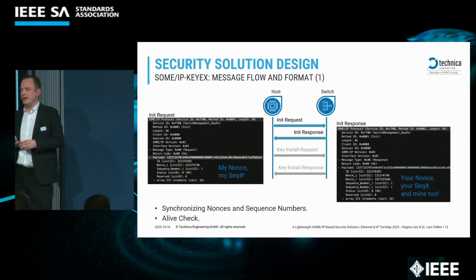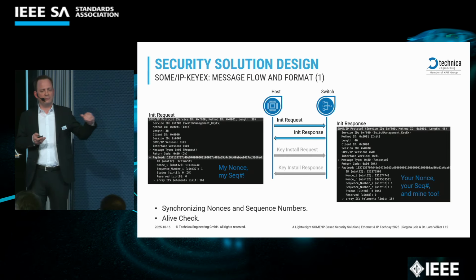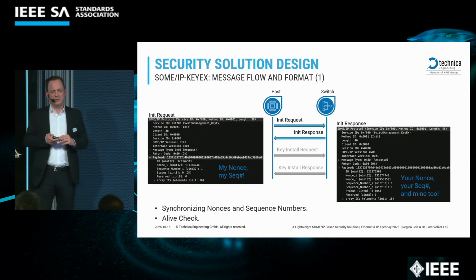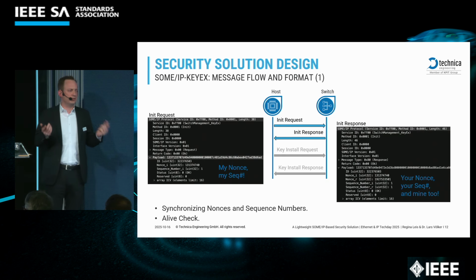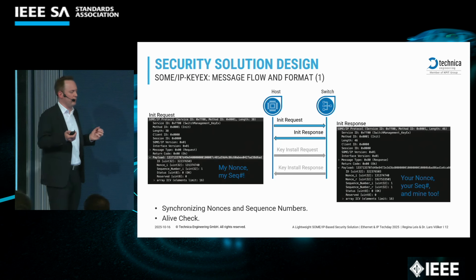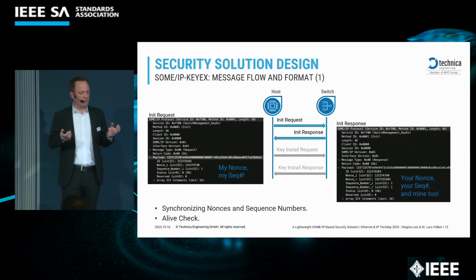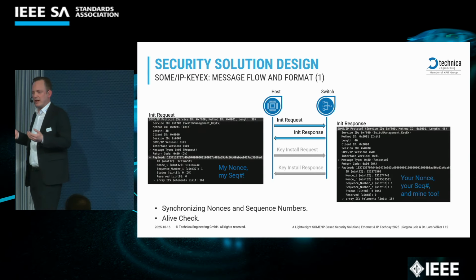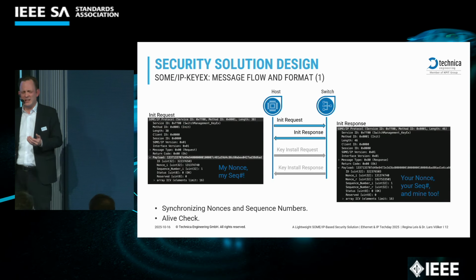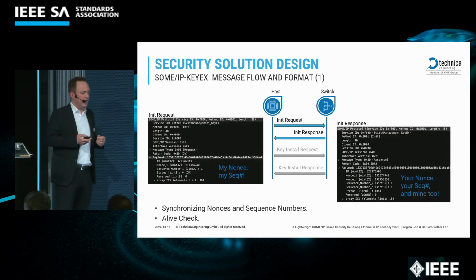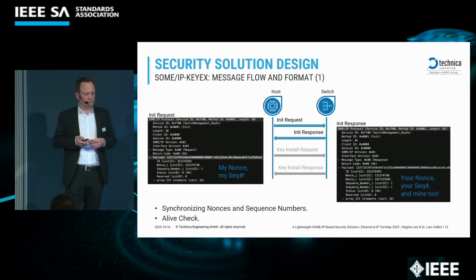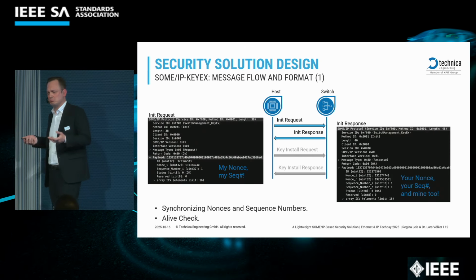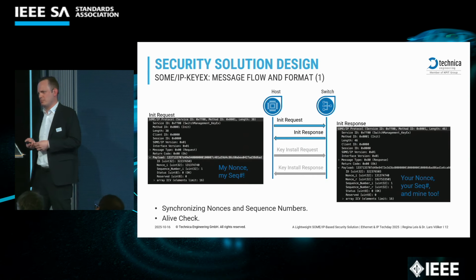So in order to do that, we are doing something very simple. In the first message on the left, you can see we send the ID, so we are sure we're talking about the same thing, using the same key. We put in a random number, what the crypto people would call a nonce. Then we have a sequence number, because we don't want replay attacks, so we number our messages and start counting at 1. Then there is the status of the message; since I'm sending the first message, probably okay.